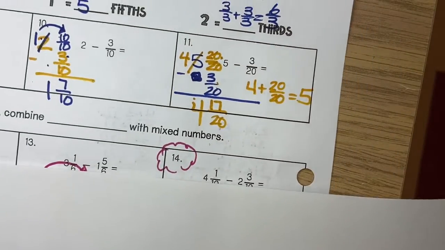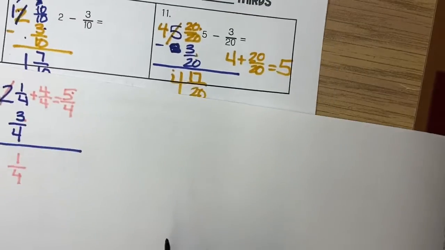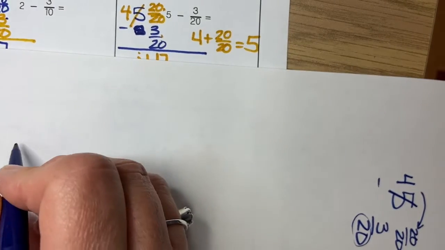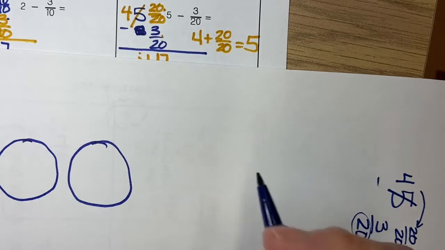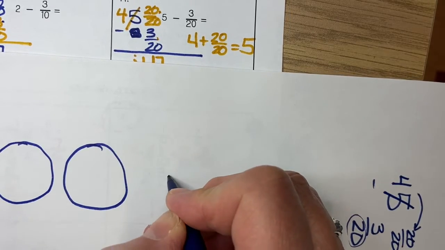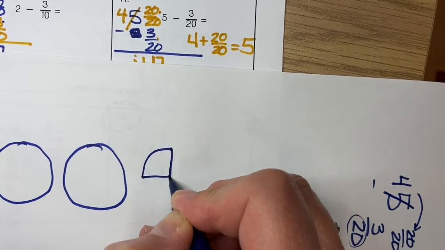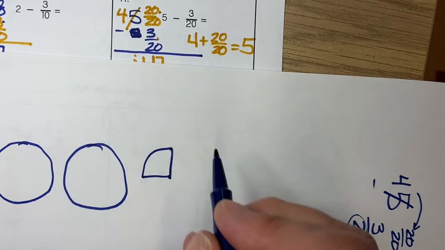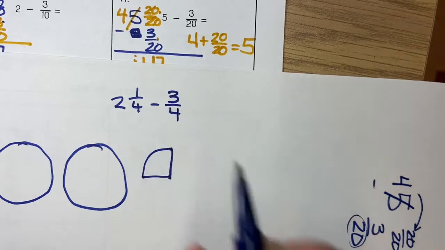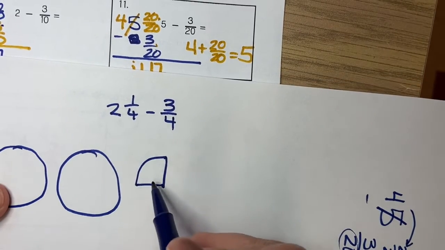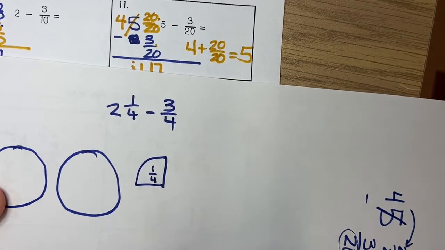Okay? Picture-wise, what this would look like, I'm not sure if I had that on there, sorry. If I had 2, we're going to pretend those are the same size, and I have a 1/4, right? And I need to subtract 3/4. So I have 2 1/4, and I'm going to subtract 3/4. Okay? Well, I have 1/4, but I need 2/4 more.